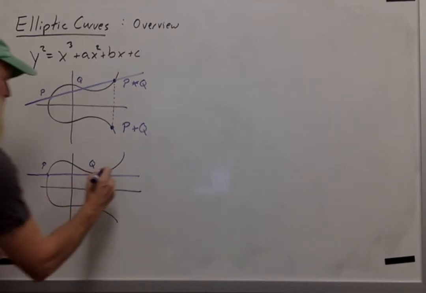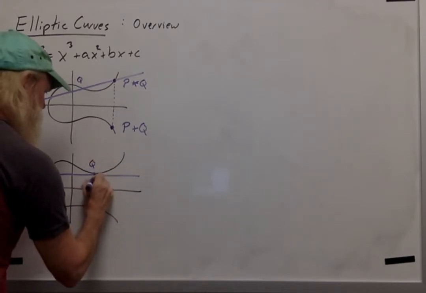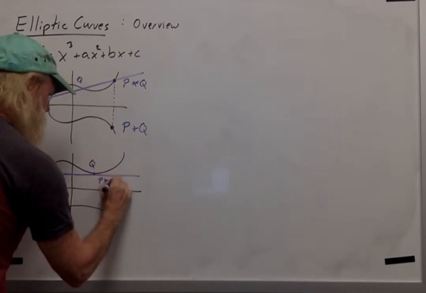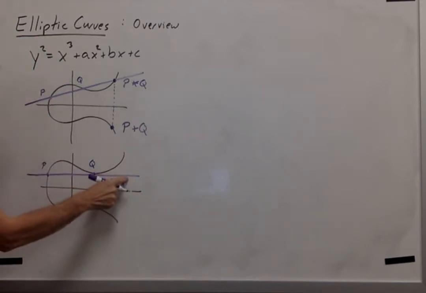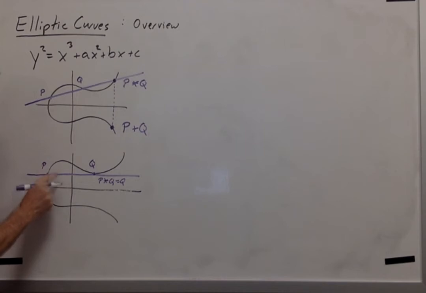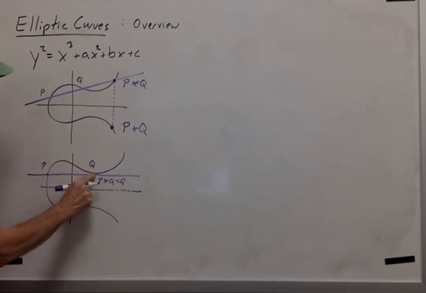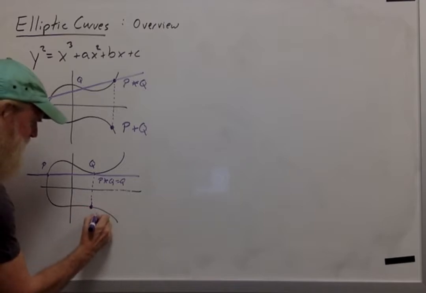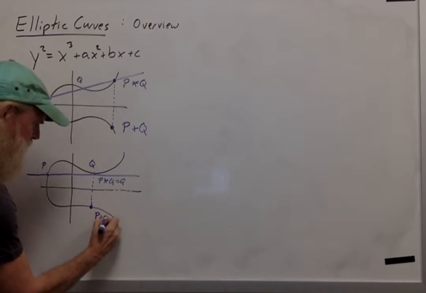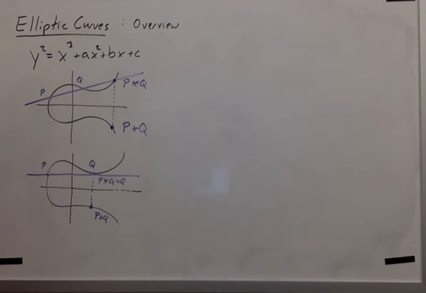So we'll say that P star Q is Q. We're thinking about this purple line as intersecting the graph in 3 points, P, Q, and then Q again. Q counts twice. So P star Q is Q, and then we'll reflect across the x-axis to get P plus Q.